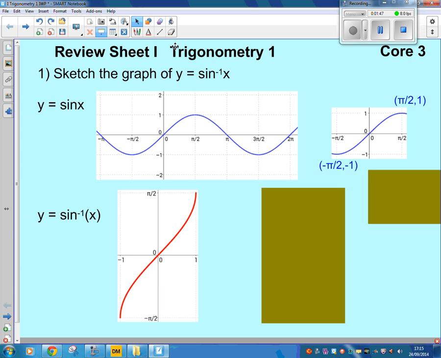Notice in particular that the coordinates are going to swap around, the x and the y coordinates at those end points. So here, where it was pi over 2, 1, it becomes 1, pi over 2. And where it was minus pi over 2, minus 1, it becomes minus 1, minus pi over 2. Horizontal at these points, vertical at these points. Okay, let's have a look at the next question.